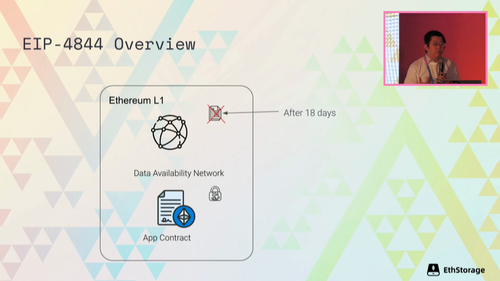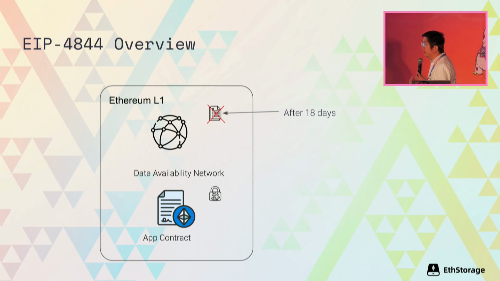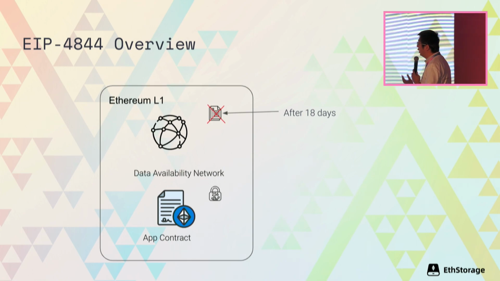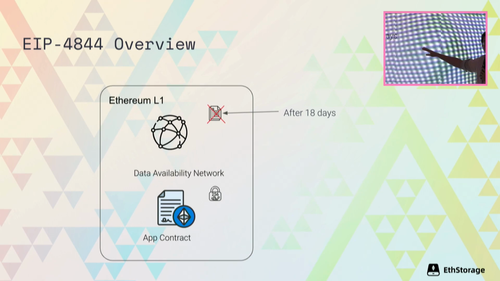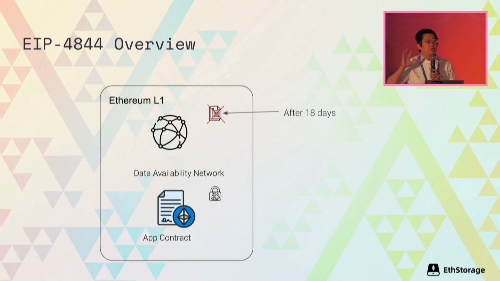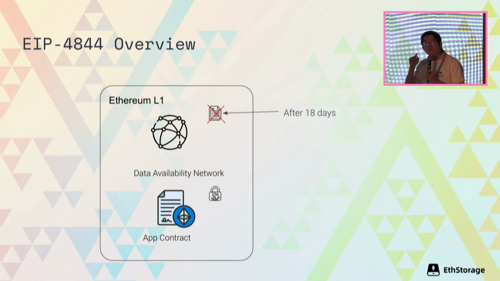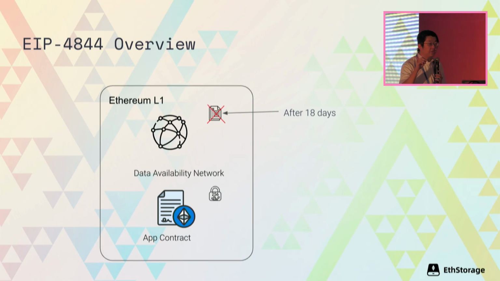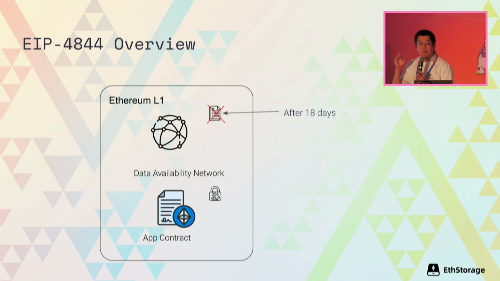In order to solve this problem, Ethereum's solution in the protocol is to prune that data once it is published on chain, after 18 days. This is the first time the Ethereum protocol voluntarily discards data once it has been published for a couple of days.